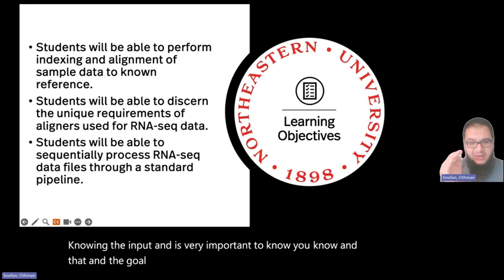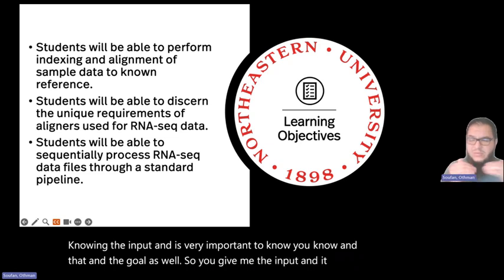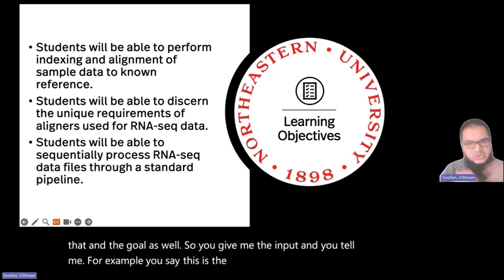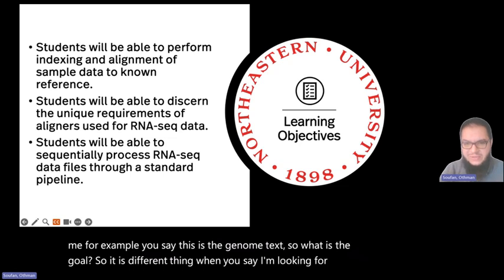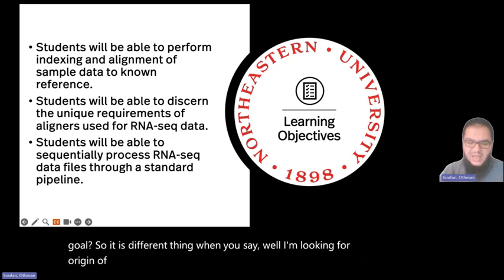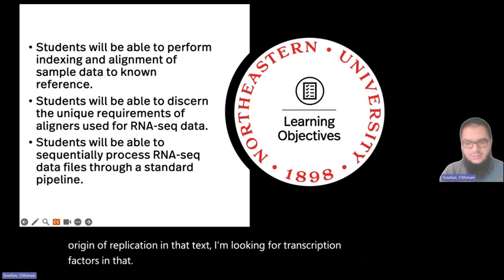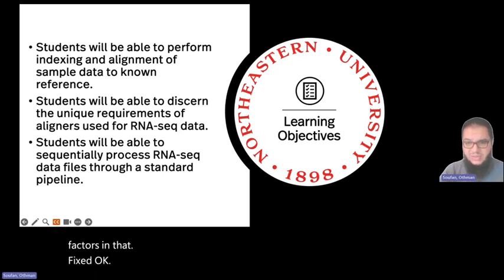So you give me the input and you tell me, for example, you say this is the genome text. So what is the goal? It is a different thing when you say, well, I'm looking for origin of replication in that text. I'm looking for transcription factors in that text, okay? And I'm looking to do maybe alignment using that text.